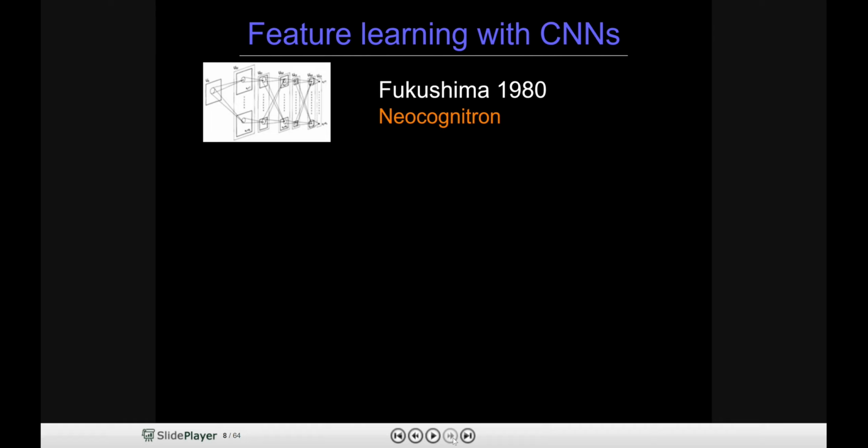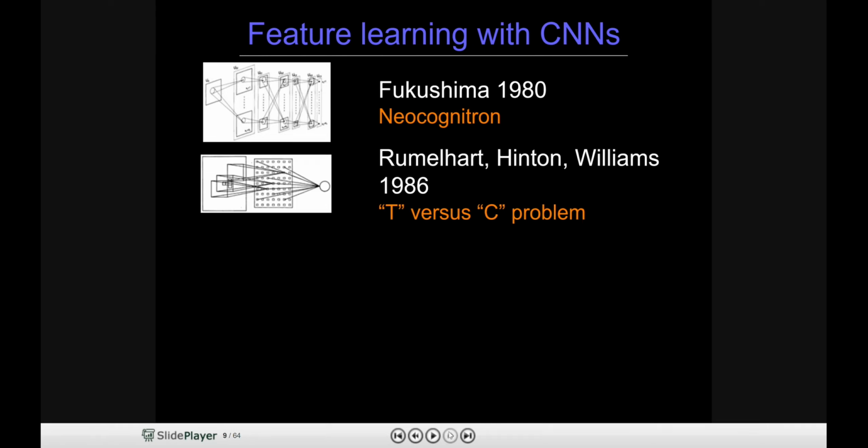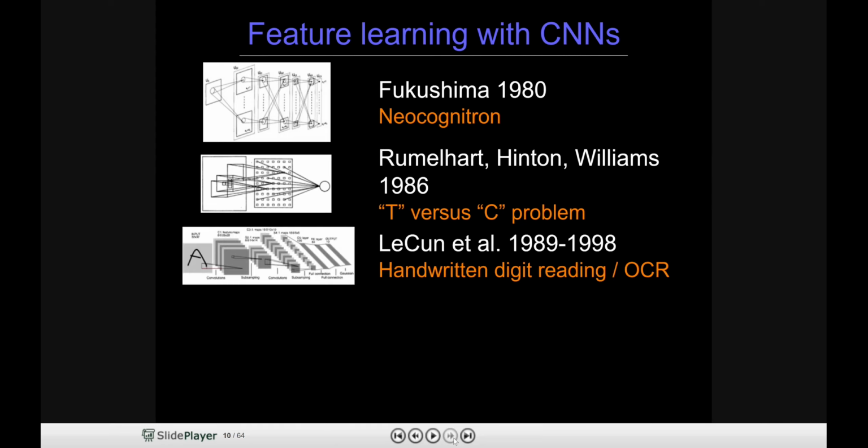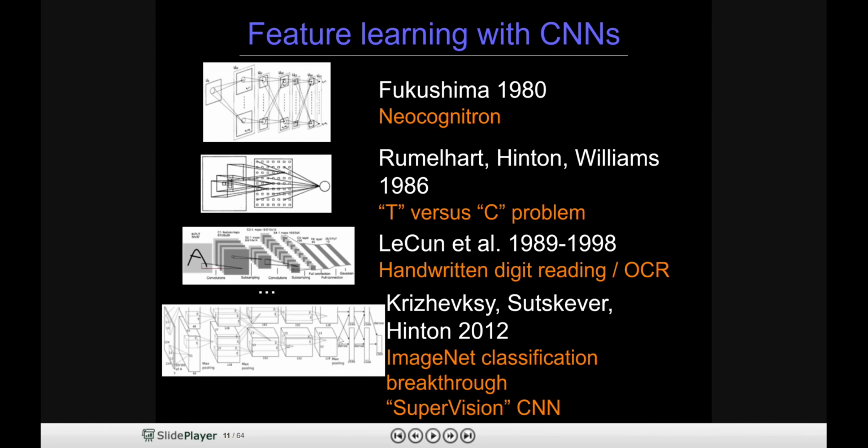So this is the history of the convolutional neural network. Fukushima's Neocognitron is a biological-pattern-inspired algorithm. In 1989 LeCun developed a convolutional network which identified digits.